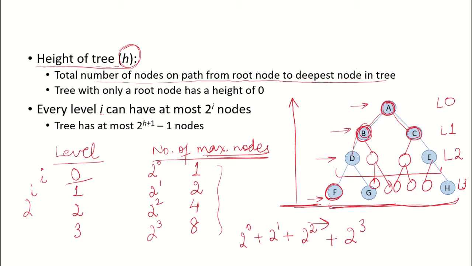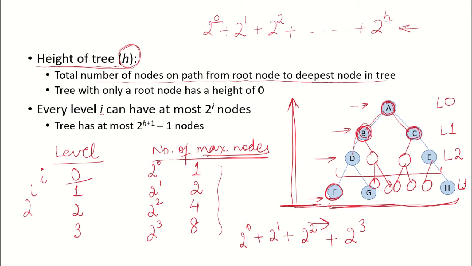If we generalize this and say that the height of the tree is h, then what would be the total number of nodes from that level up? It would be 2 to the power of 0 plus 2 to the power of 1 plus 2 to the power of 2 and so on up till 2 to the power of h. You can see that this is a geometric progression with a common ratio of 2 and there are h plus 1 terms over here.